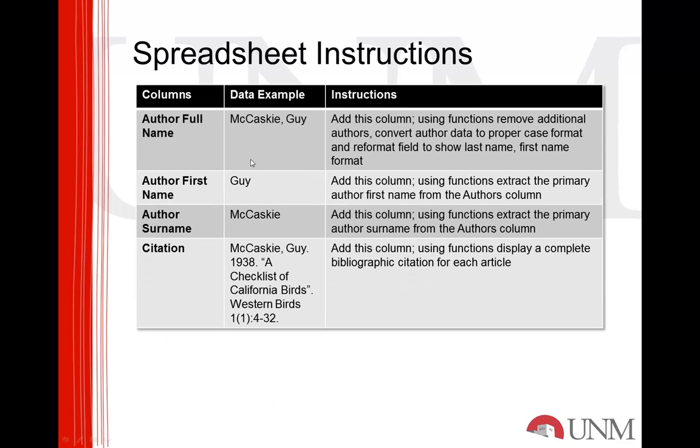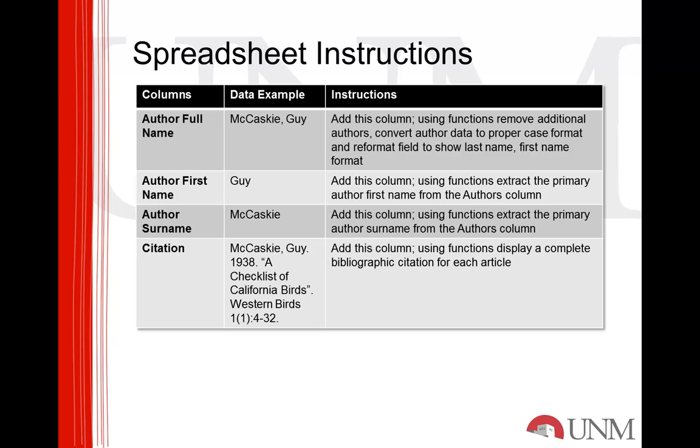Author now is where it's going to get a little bit more complicated. Currently, there's an authors field in the raw data set on the left-hand side of the spreadsheet. All the authors' names are in all caps, and the names are in first name space last name format. Plus, there's a number of articles that were co-authored by multiple authors. For our database assignment, we just want to use the first author or primary author of the article.